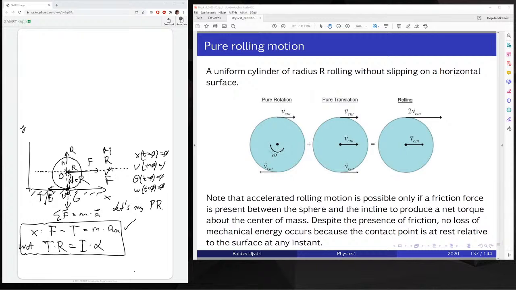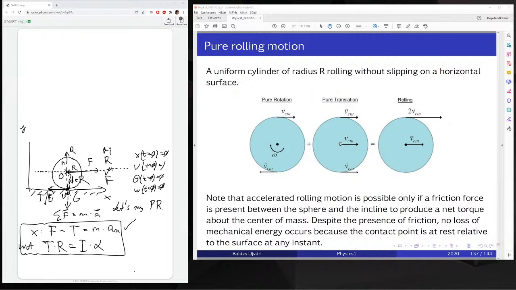You can imagine there is a cylinder that rotates via omega, and in this case, this lower point of the edge of the cylinder has v equal omega times r velocity in this direction, and at the upper part, that direction.